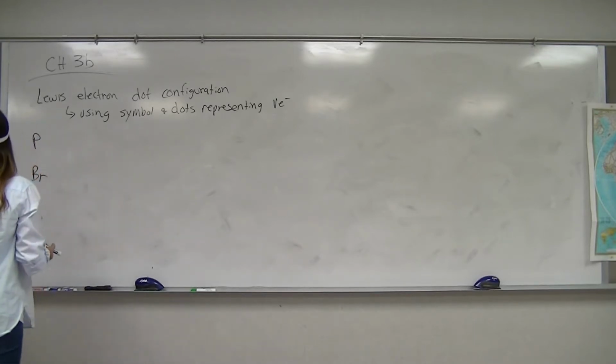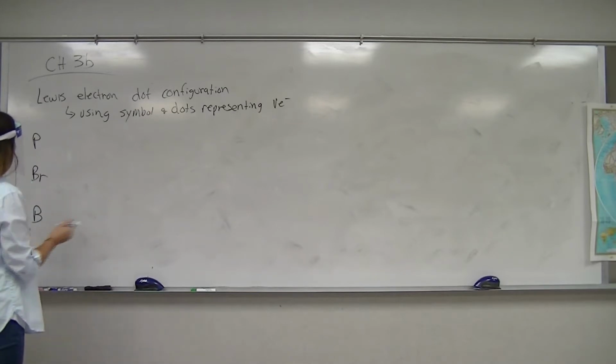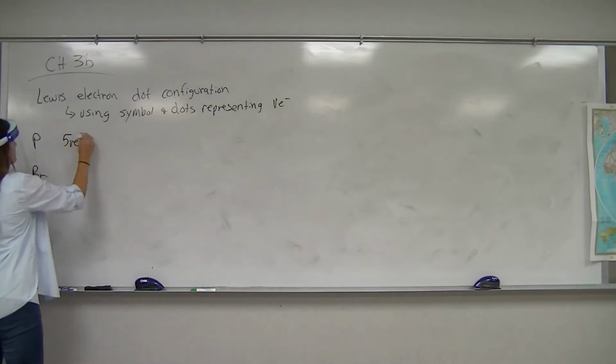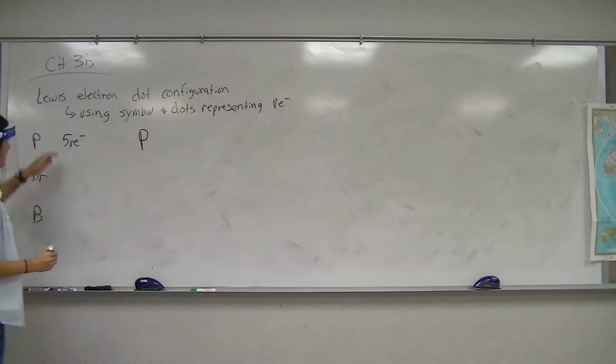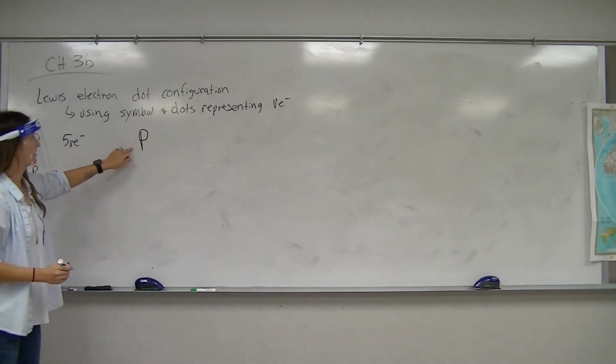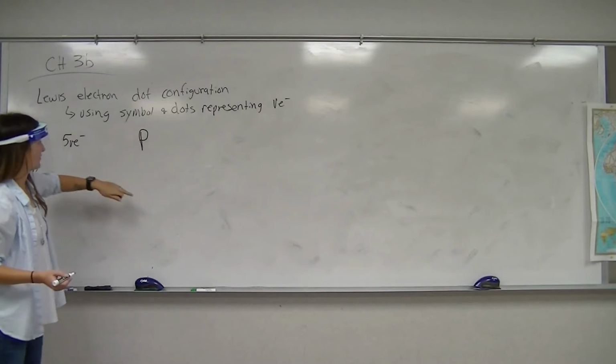It has 5. It's in group 15, so it has 5 valence electrons. So what I'm going to do is write the symbol for phosphorus, and put 5 dots representing those electrons around phosphorus.